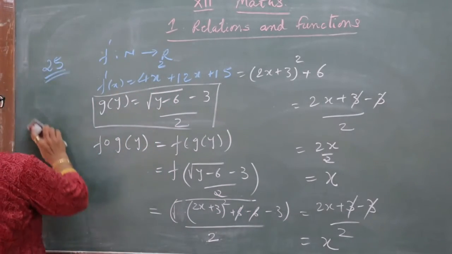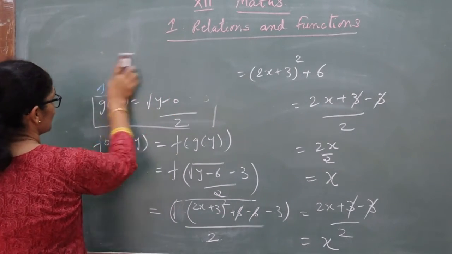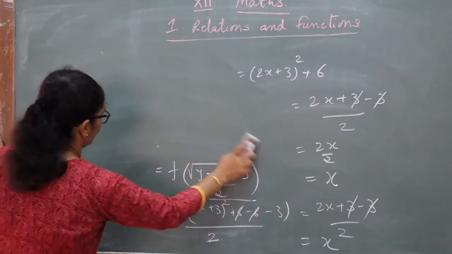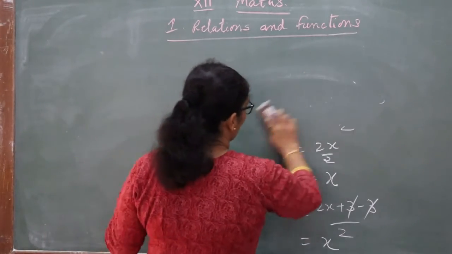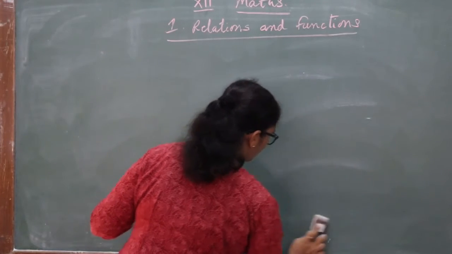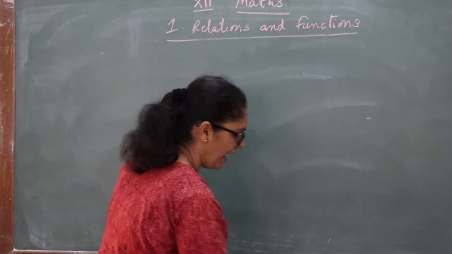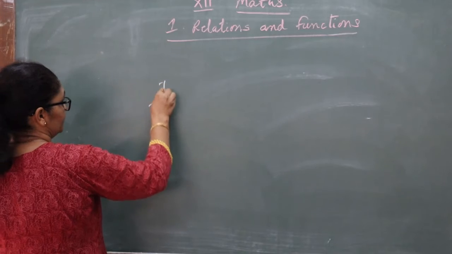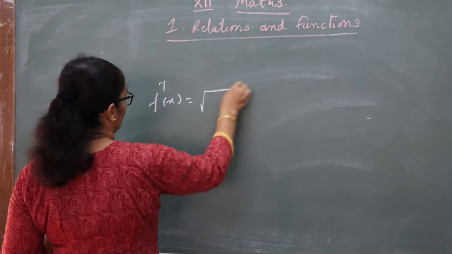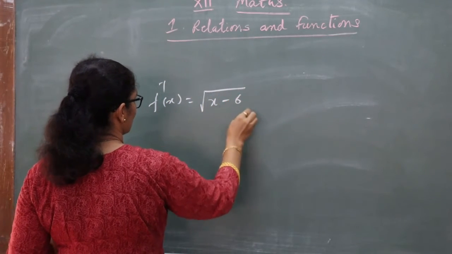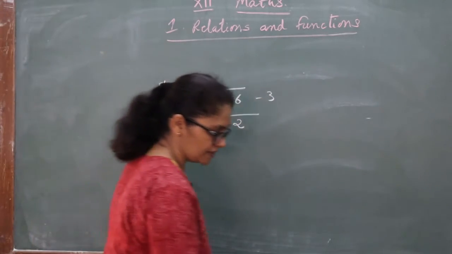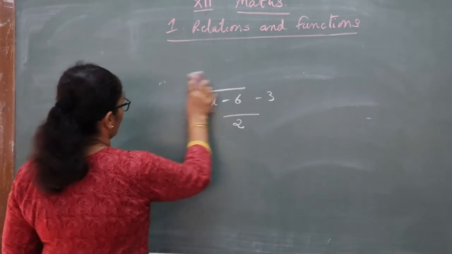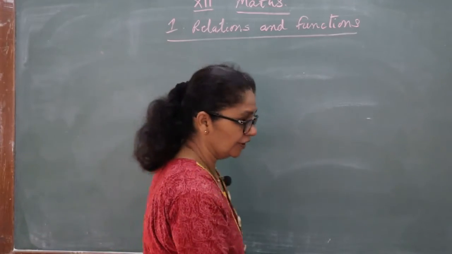So from this you can understand, if f over g is identity, g over f is identity, then f and g are inverse of each other. So we can write our f inverse x equal to under root x minus 6 minus 3 by 2. That is our inverse. So now let's come to the another question.